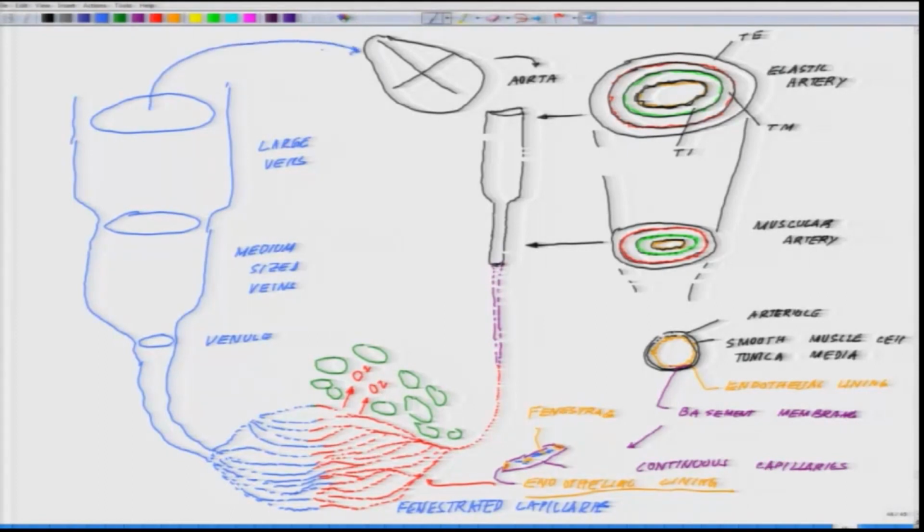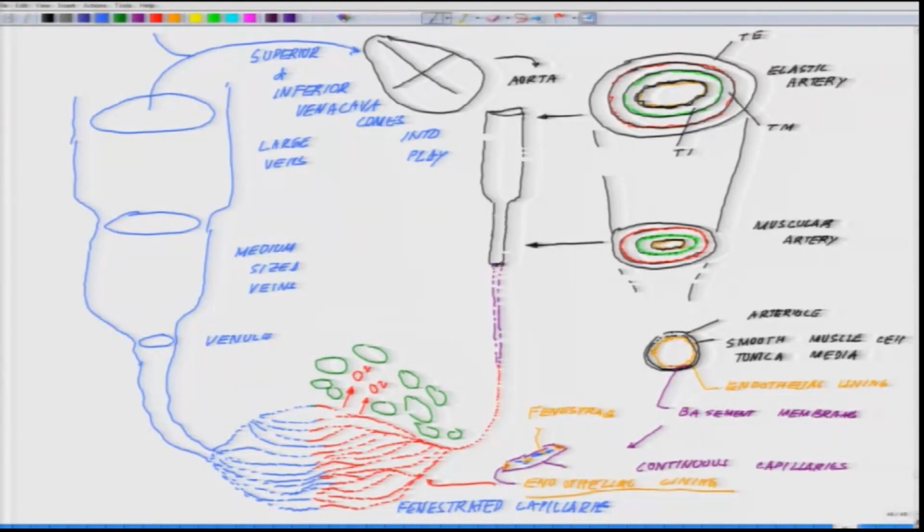And this is where your superior and inferior vena cava come into play. So this is how our closed loop structure really looks.